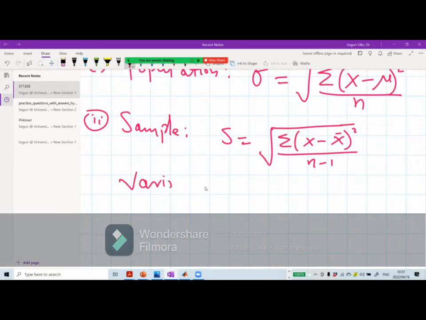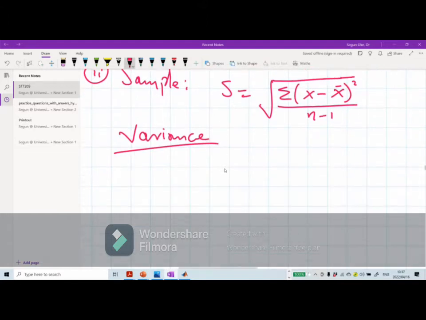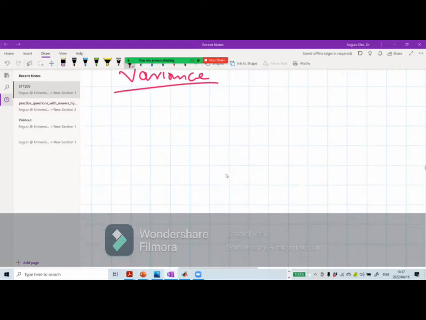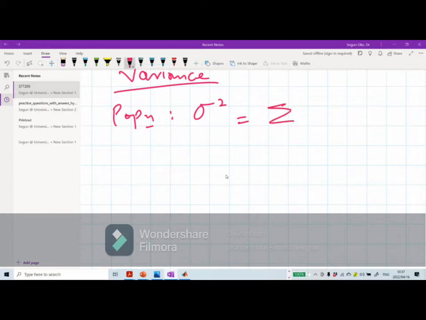Variance is also divided into 2. It can be variance of population set or variance of sample set. If it is variance of population, let me write population in this format. It will be sigma squared equals summation of, some of these formulas are in your books, but they are scattered.